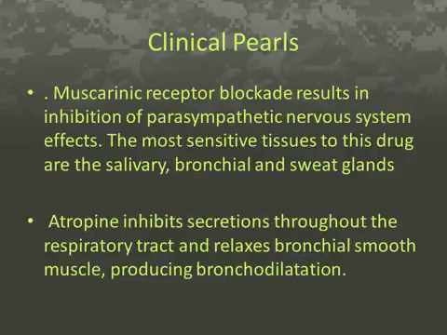The muscarinic receptor blockade effects of atropine results in inhibition of the parasympathetic nervous system. The tissues most sensitive to this drug are the salivary, bronchial, and sweat glands. Atropine inhibits secretions throughout the respiratory tract and relaxes bronchial smooth muscle, producing bronchodilation.